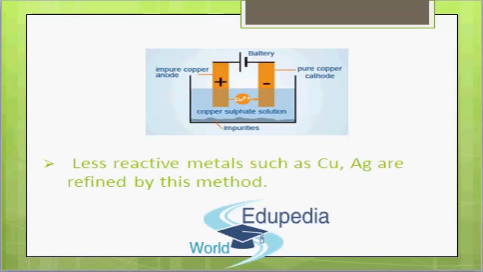When electric current is passed, the reaction occurs at the cathode.